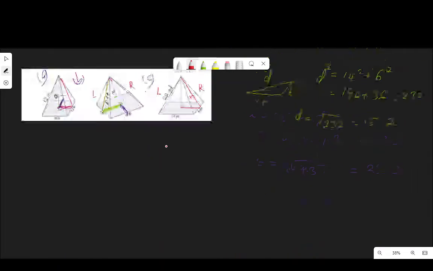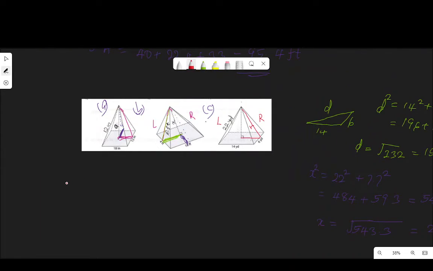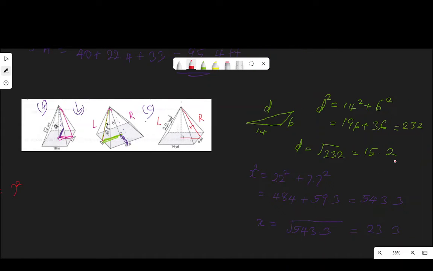R square, we work it here. R square is equal to this line here, which is half of 4.7 square, plus the height, which we just calculated, 15.2. Let me label it there.